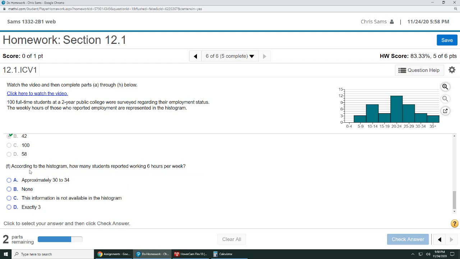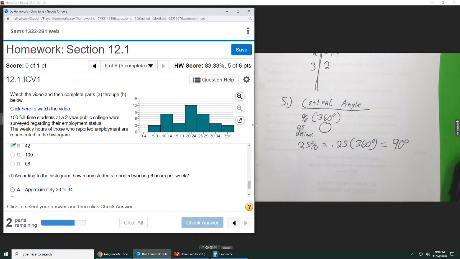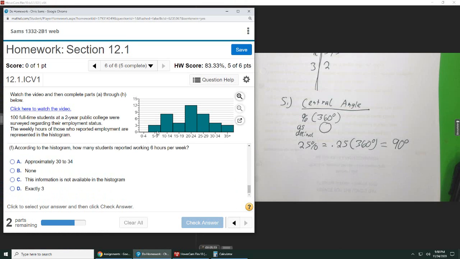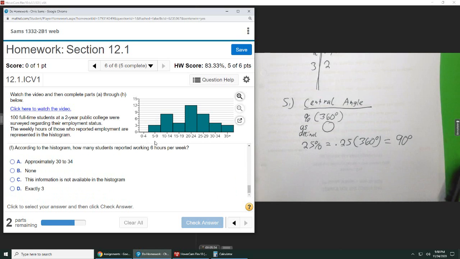All right, according to the histogram, how many students reported working 6 hours per week? We do not see the number 6. 6 is in this group here, but we don't know how many of them work 6. None of them might work 6. We just know between 5 and 9, there are 3 people.